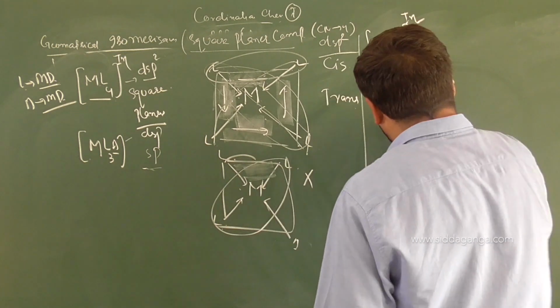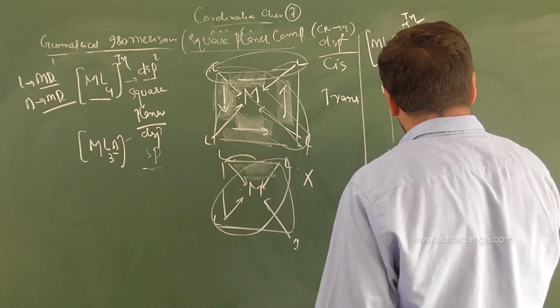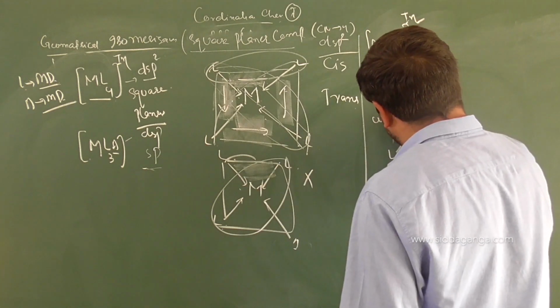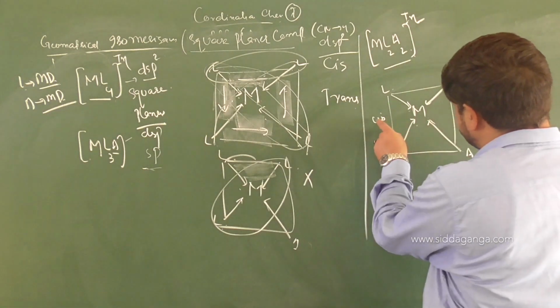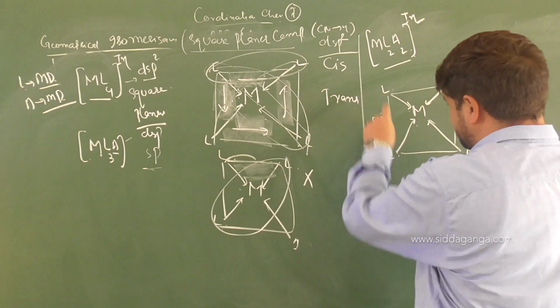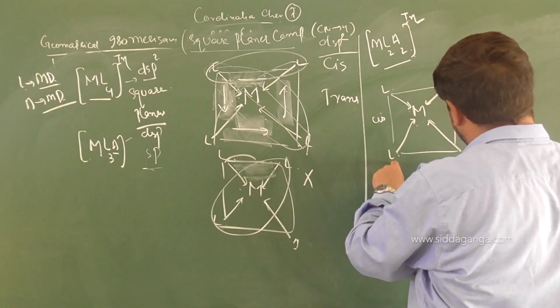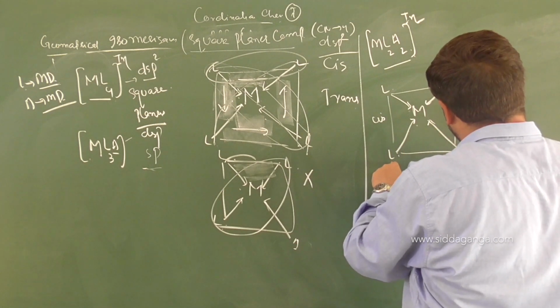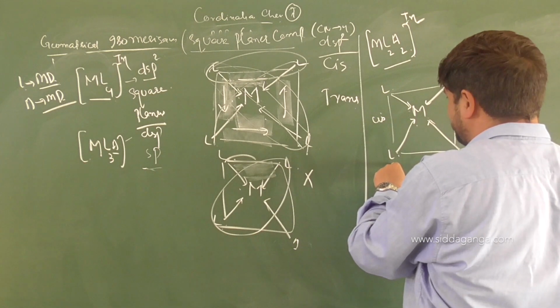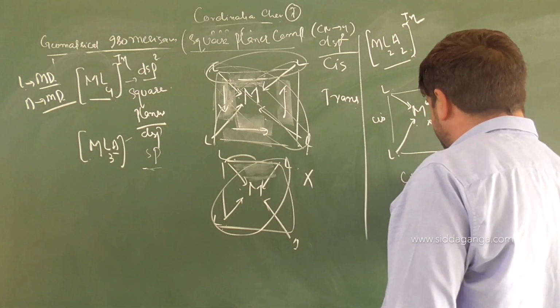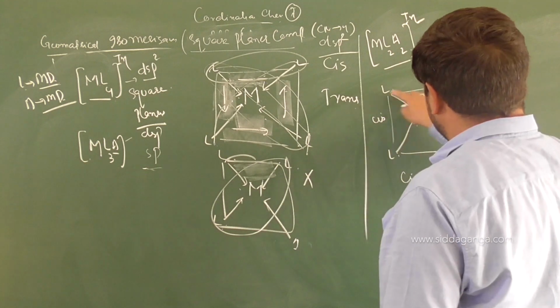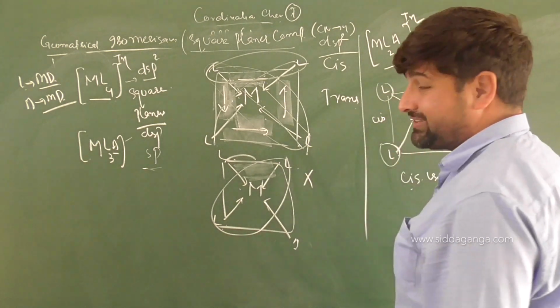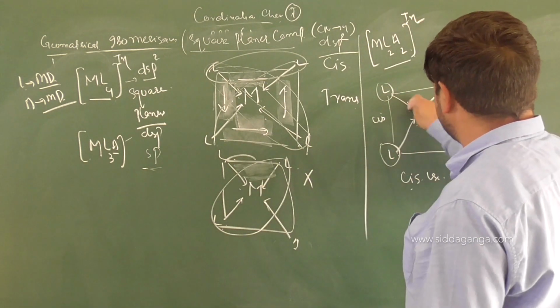Now when you draw it, this is square planar. So this is cis, because L and L are present on the same side, right or not? They are present on the same side or opposite? Same side. A and A is also on the same side, so this will be cis with respect to what? So this will be our cis isomer, because similar ligands are on the same side of a reference, which is the metal atom.